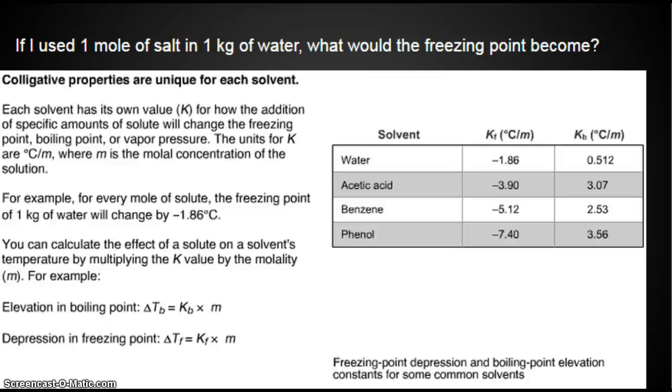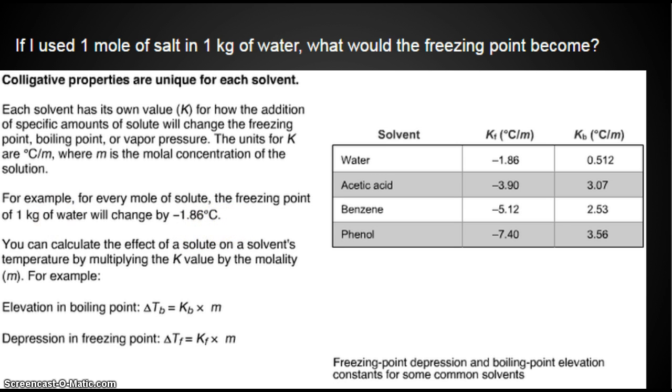For example, for every mole of solute, the freezing point of 1 kilogram of water will change by negative 1.86 degrees Celsius. So that means every time you put a mole of anything in water, the freezing point is going to drop by almost 2 degrees.